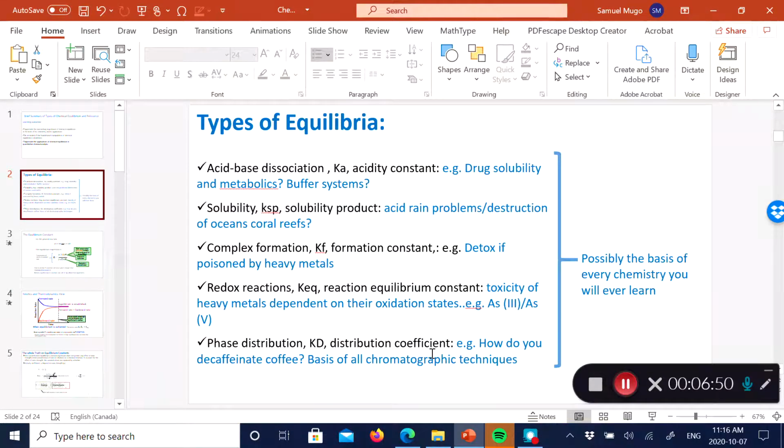And typically, you use chromatographic techniques, such as even liquid chromatography, where caffeine partitions between two different solvents, in which in one solvent caffeine is more soluble, prefers to be in that solvent, and that partitioning is what you call the KD. In fact, another way of calling the KD is partition coefficient. Partition coefficient is another name for distribution coefficient, or the KD.